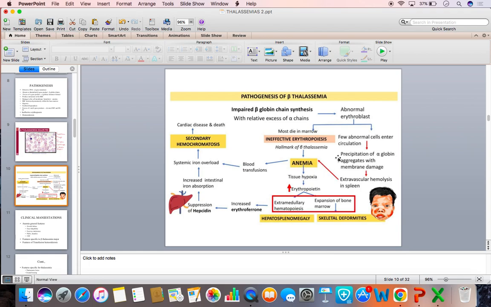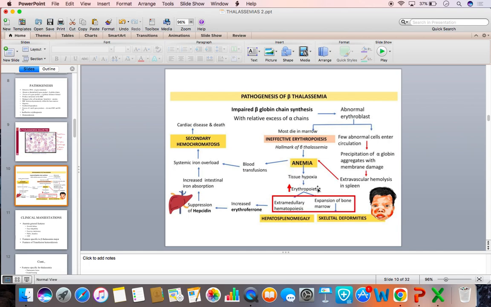A few abnormal cells enter the circulation. Precipitation of alpha globin aggregates within the membrane damages the membrane, and there is extravascular hemolysis in the spleen, because these abnormal cells are subjected to hemolysis in the spleen, ultimately resulting in anemia.